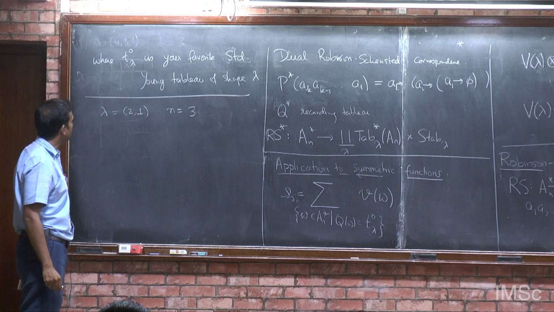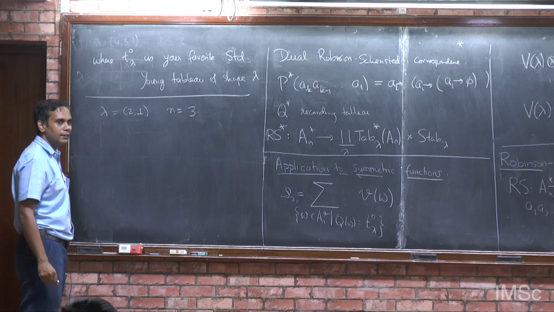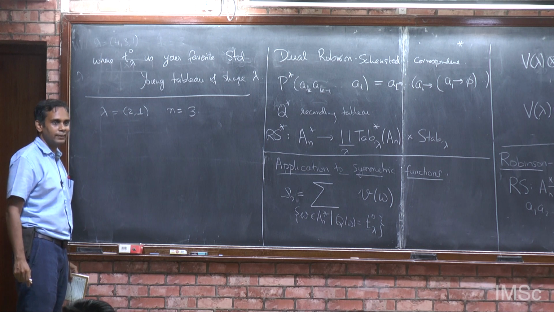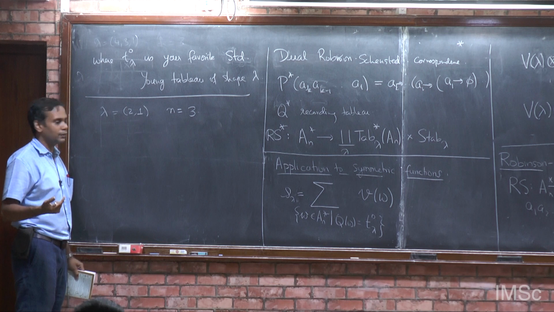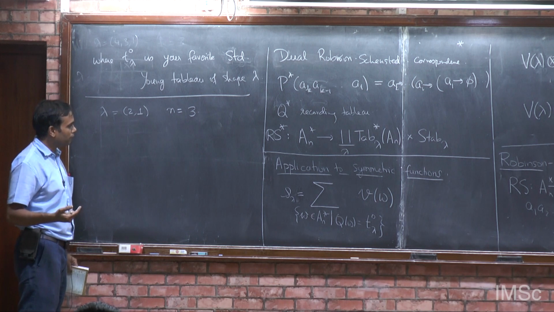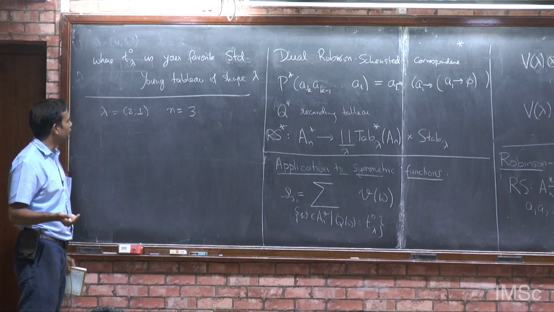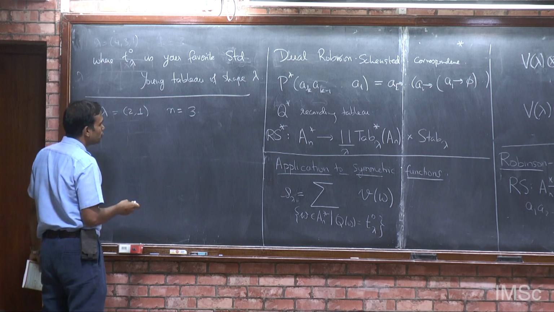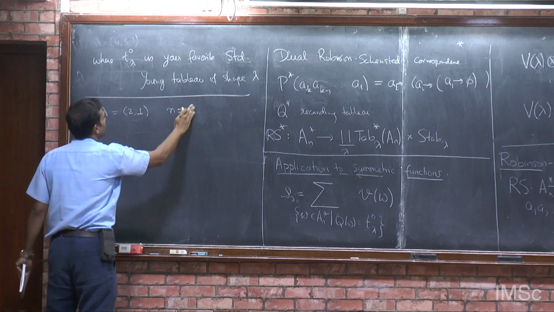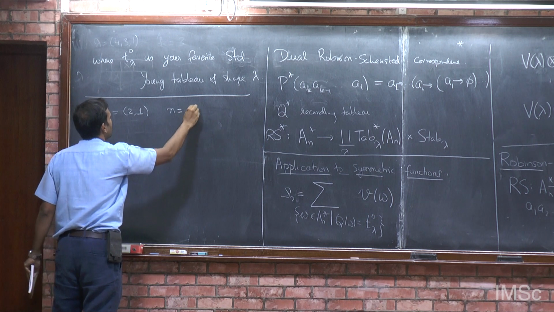Maybe I should take n equals 2. How many words of length 3 in 3 variables? 27, right? The first letter can be any of 3, the second letter can be any of 3, and so on. But I want only words which give rise to... okay. So let us just take n equals 2 for example.